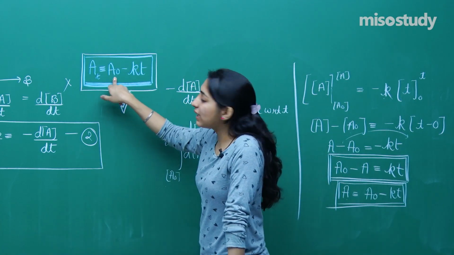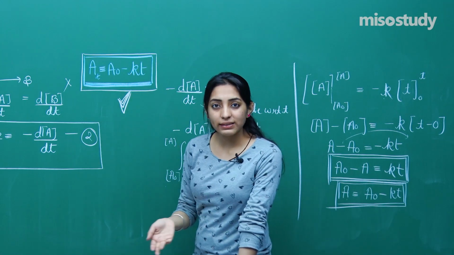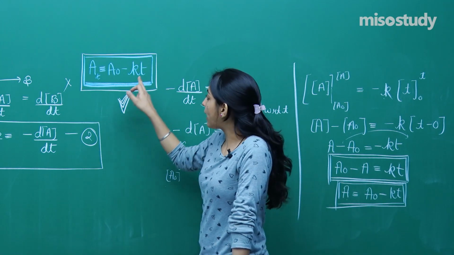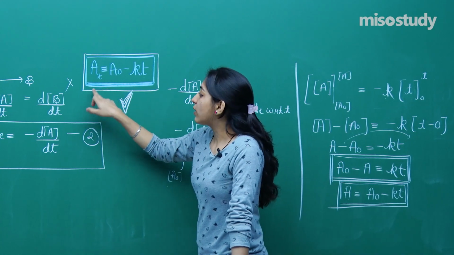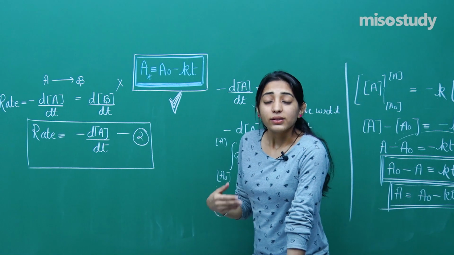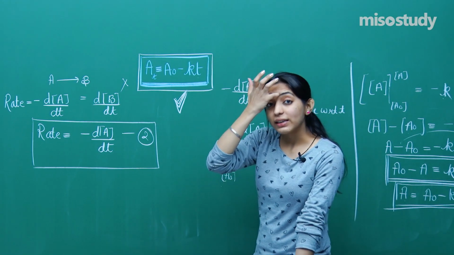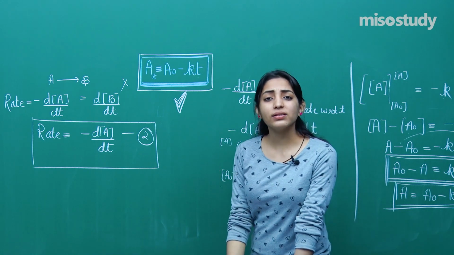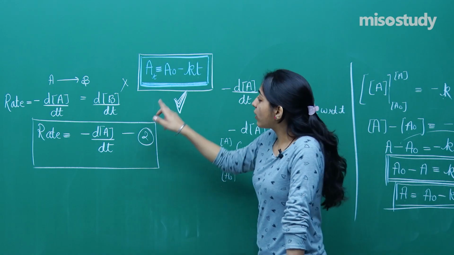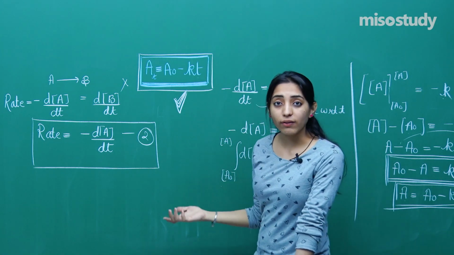Because if you know the initial concentration, and if you know the rate constant, which is also easy to find out experimentally, you can just put in different values of time to get the different values of A. So once you are able to predict the final concentrations of the reactant at different times, you can easily predict the rate of reaction, right? So once you get some idea about the rate constant, you can easily get an idea about the rate of reaction.